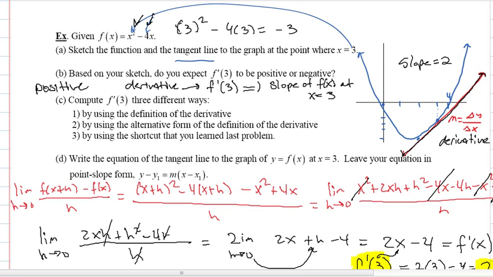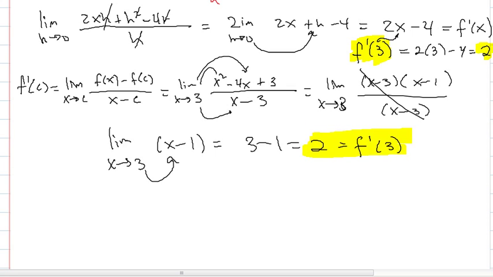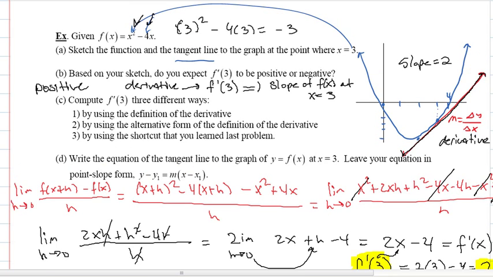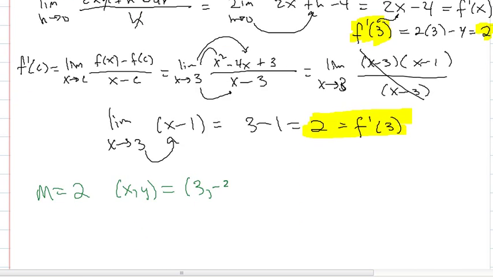Letter D says, write the equation of the tangent line that you just found. Leave your equation in point-slope form. We know that the slope of the tangent line is positive 2. Now we just need an x and y coordinate. We know the x value, since that's what we were trying to find. To find the y value, we plug it into our function, and we already said that was negative 3.